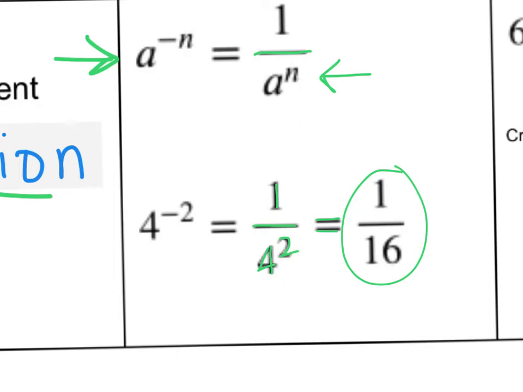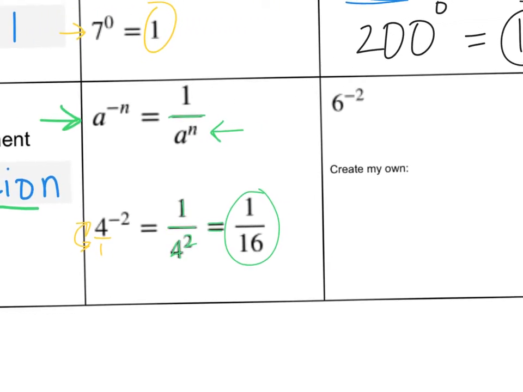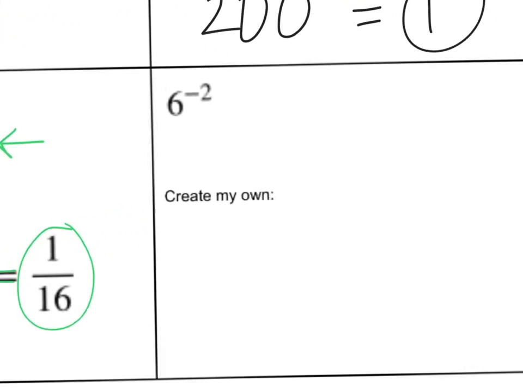Okay, another way to look at this is to take the reciprocal. So if that's 4 over 1, we flip this and it becomes 1 over 4. So if you see a negative exponent, we want you to rewrite it as a positive fraction.